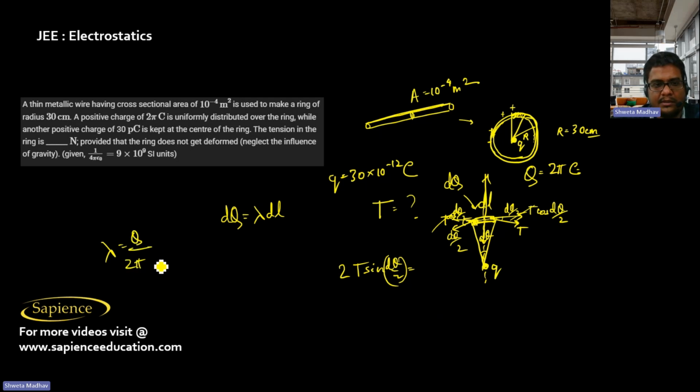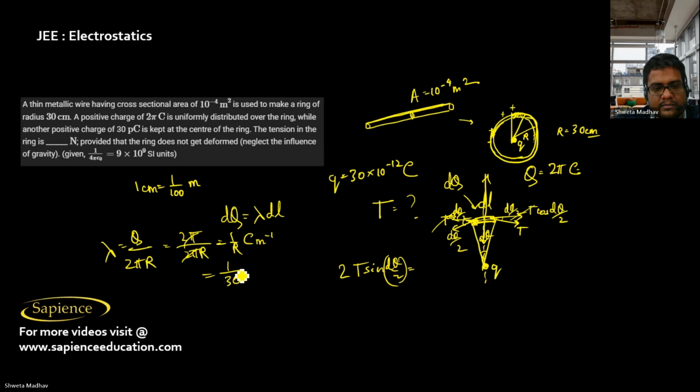Lambda is the charge per unit length, which is the net charge 2 pi divided by 2 pi r. So it is 1 by r coulomb per meter. So 1 by r, where r is 30 centimeters, so 30 by 100 meter, since 1 centimeter is 1 by 100 meter.